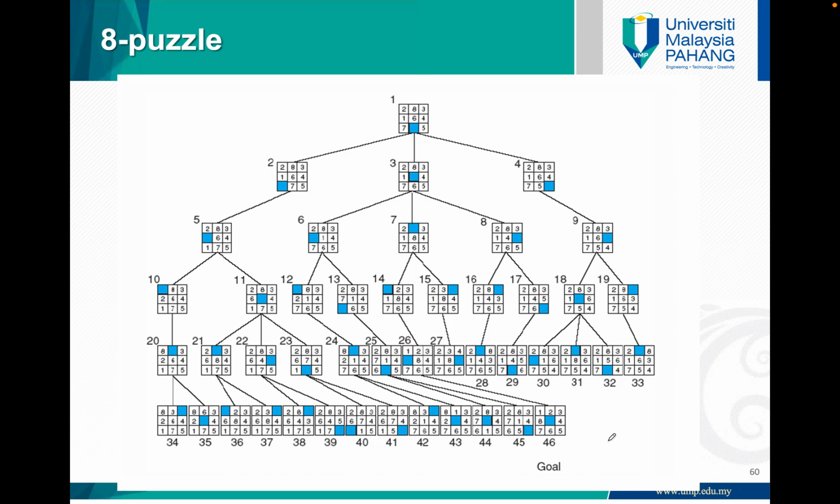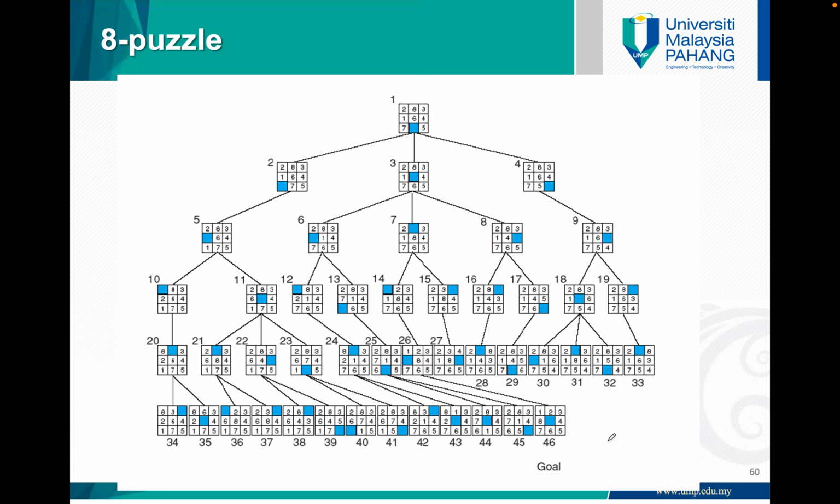Let's take a look at the Romanian example again. If we use the DFS algorithm to go from Arad to Bucharest, what is the answer going to be?